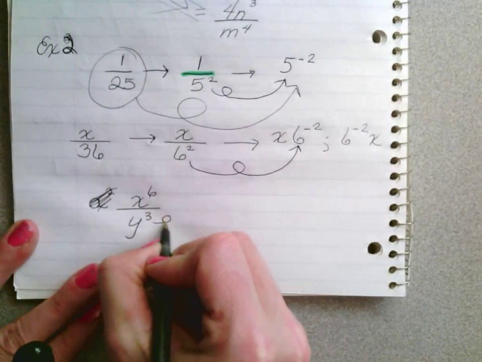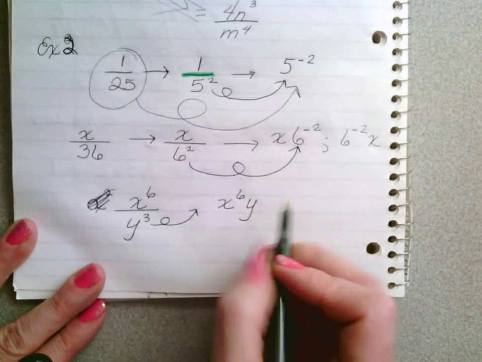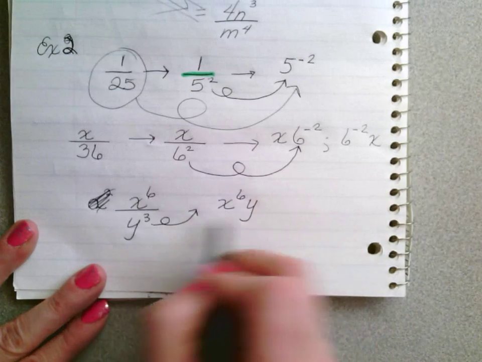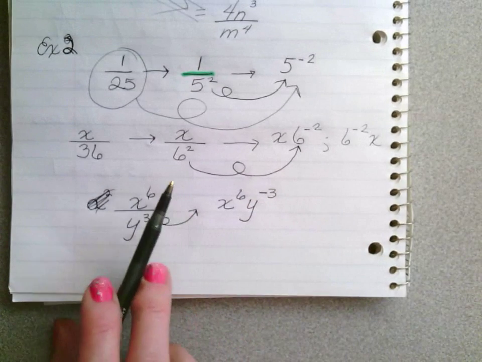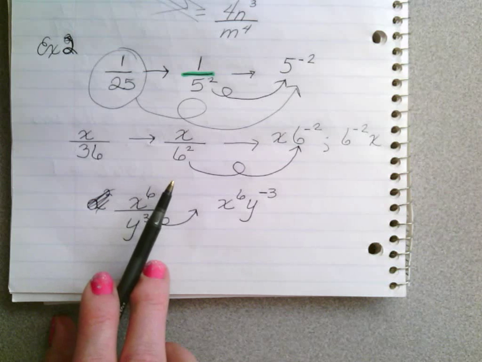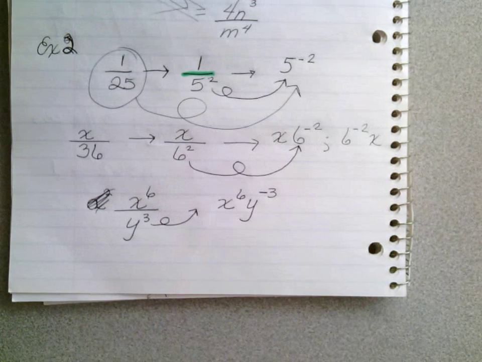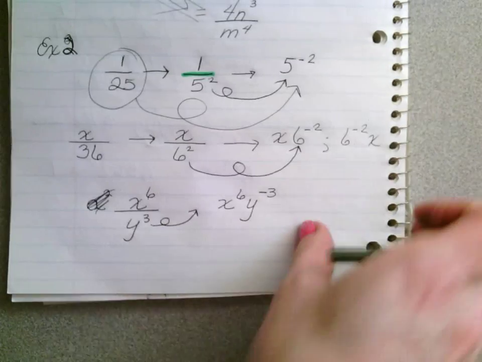But we are going to move this up and make it x to the 6 times y to the what kind of third? Negative third. Yep. And there's several more examples just like it in example 2 on your page 200 in your book. Okay? Those are all in there for you to try out. It's going to take a lot of practice, my friends.